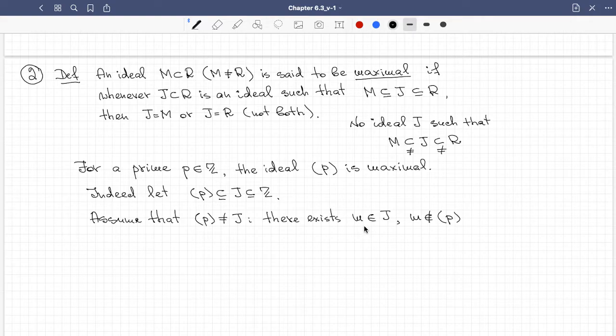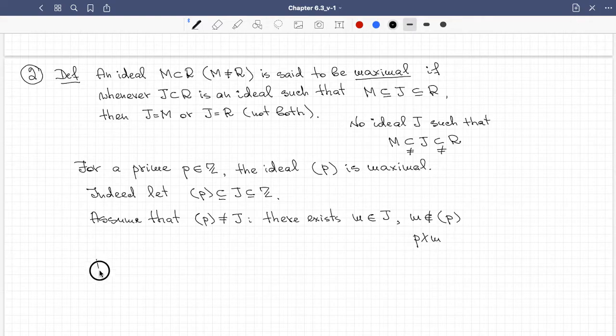It contains something which is not in the ideal. What does it mean that m is not an element of this principal ideal? This means that m is not a multiple of P. These are all multiples of P. m is not a multiple of P. We know that we can reformulate that as P does not divide m.